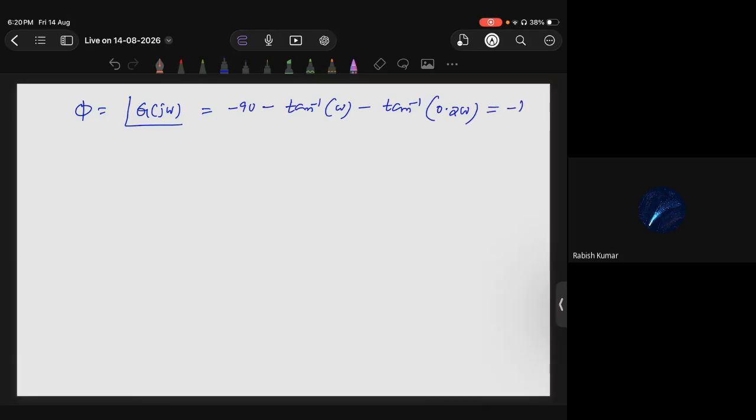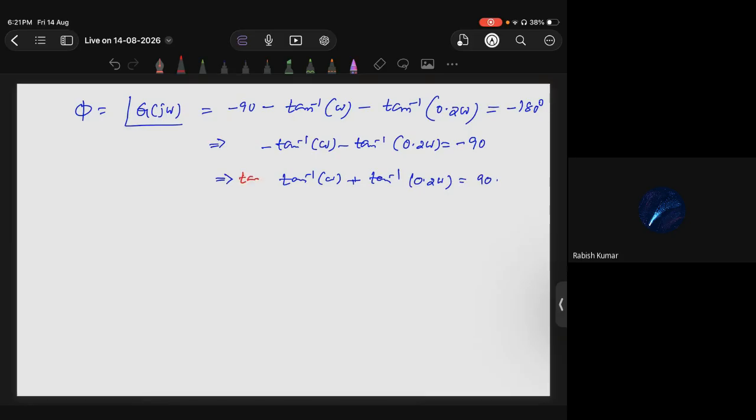The phase crossover frequency is whenever your phase is equal to minus 180. You can substitute everything. The minus 90 goes to that side. You will get minus tan inverse omega minus tan inverse 0.2 omega equal to minus 90. So tan inverse omega plus tan inverse 0.2 omega equals 90.